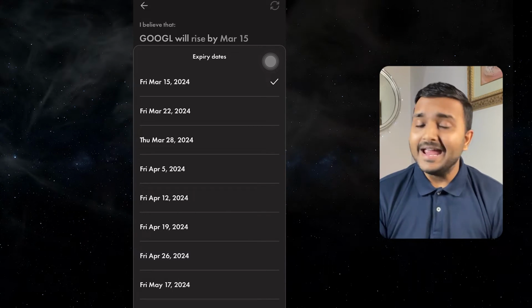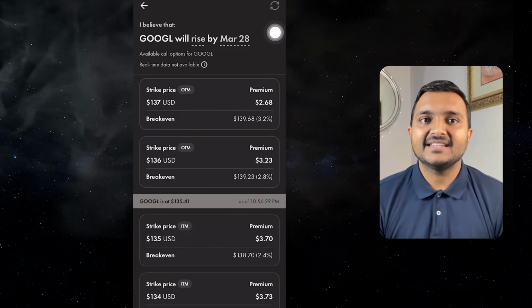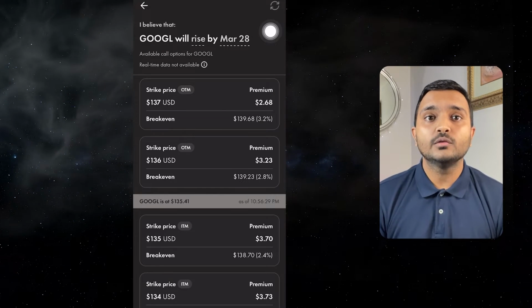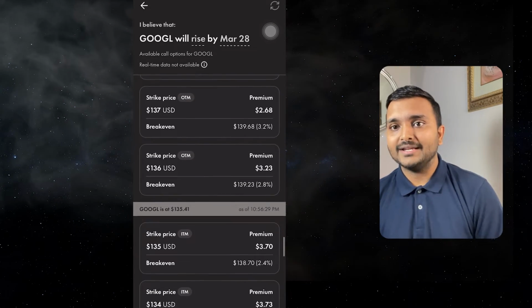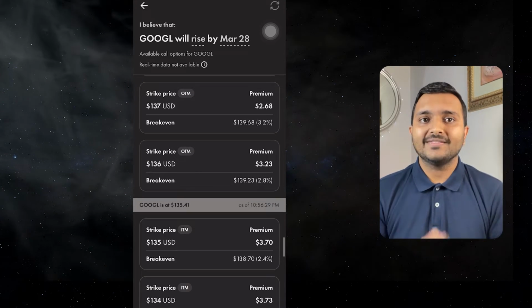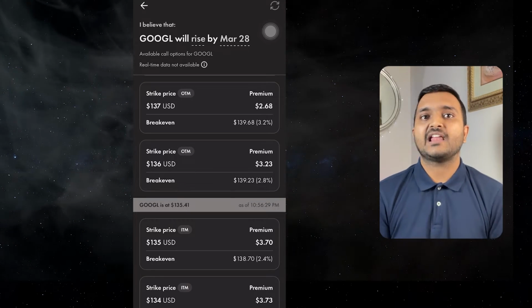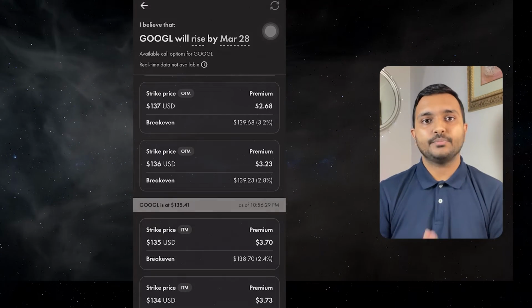For instance, it could be up or down as you believe. Now, for instance, you might say that I believe that Google will rise by March 20, 2024. Today it's March 10th. So once you fill in that info, this gives you the details like the strike price, premium you'll need to pay, and the break-even price.